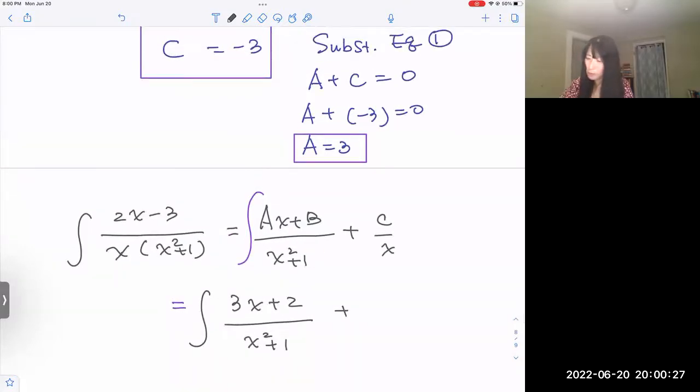Did I make a mistake? No. You say it's -3, the c. So we're gonna make an integration like that, all right?